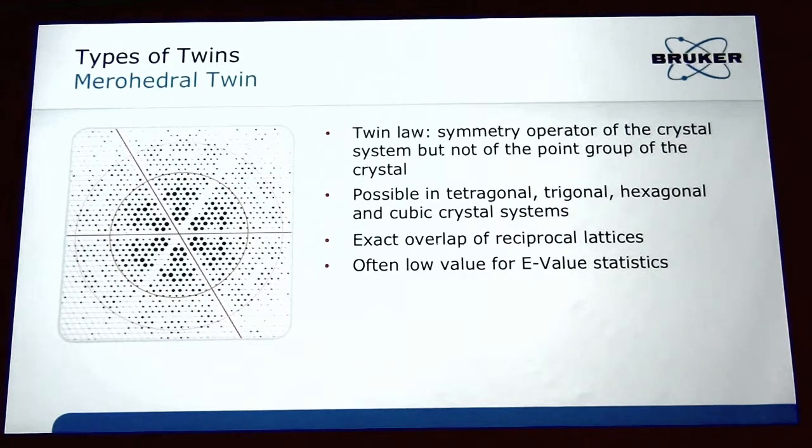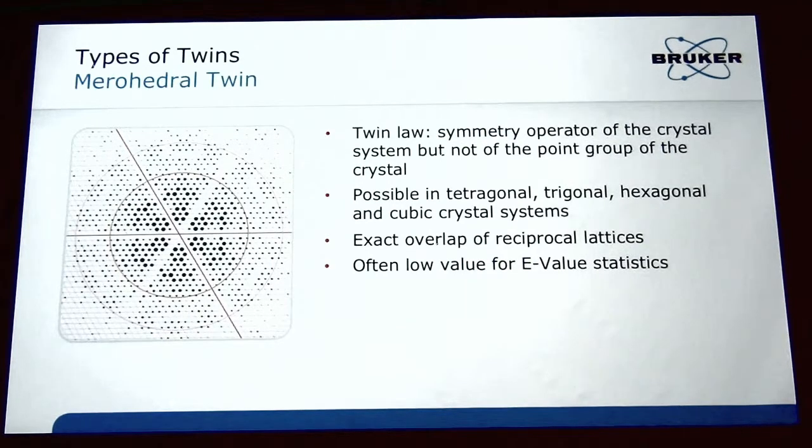So for centric or acentric crystals, the intensities have a similar distribution. For centric, you find a value around 0.97. For acentric, around 0.74. And these are the same for all crystal forms. So when the intensity statistics deviate from that, that's a sign that there might be something going on.